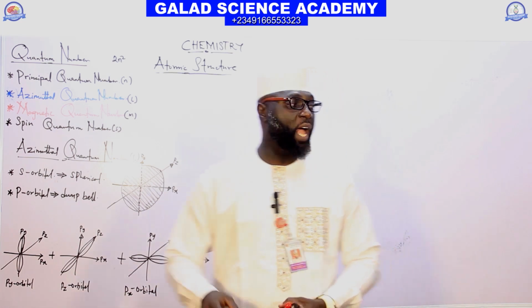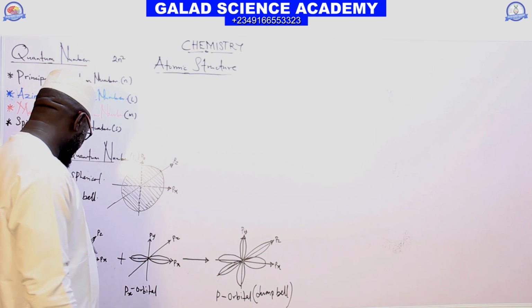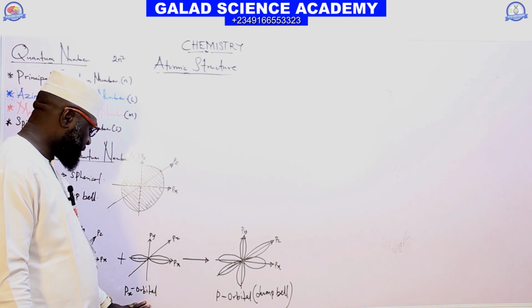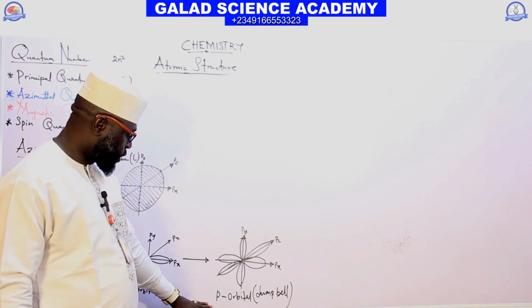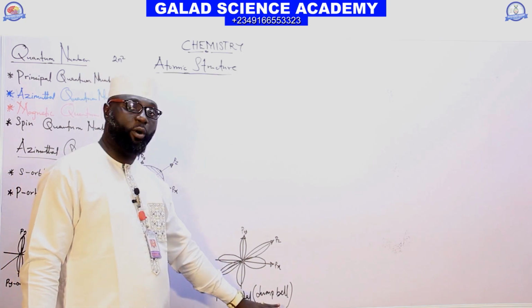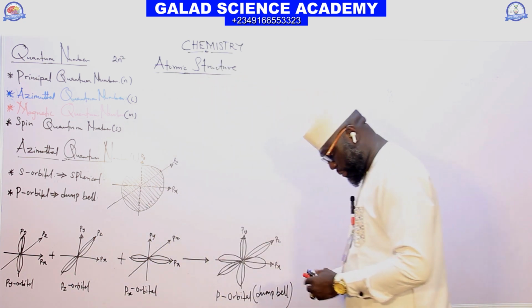So the P orbital has three folds: Py, Pz, Px. When they combine together they give you P orbital, and this is the shape of P orbital, called dumbbell shape.